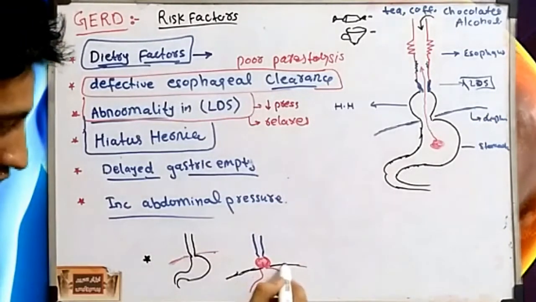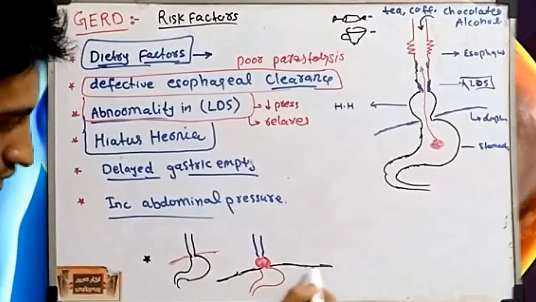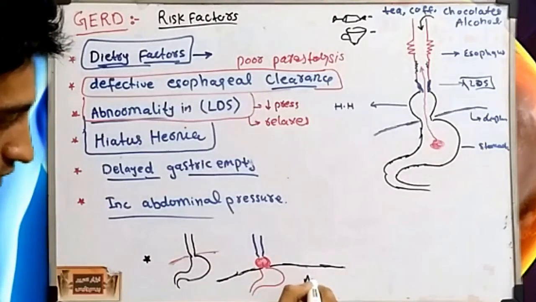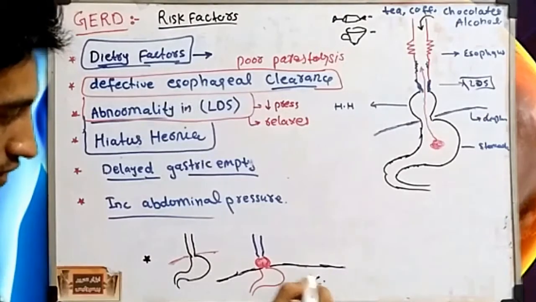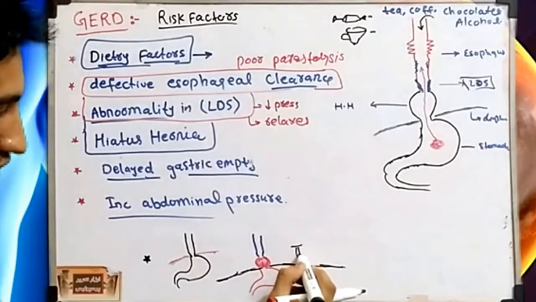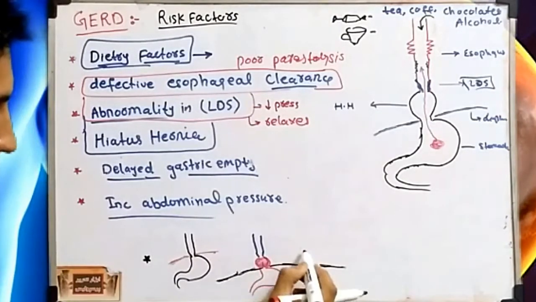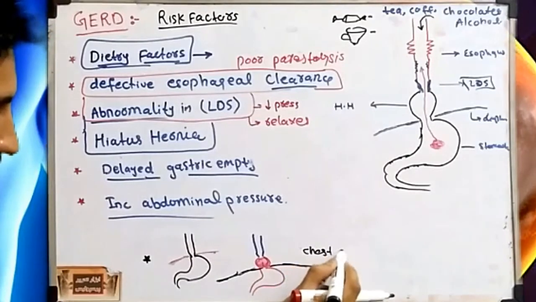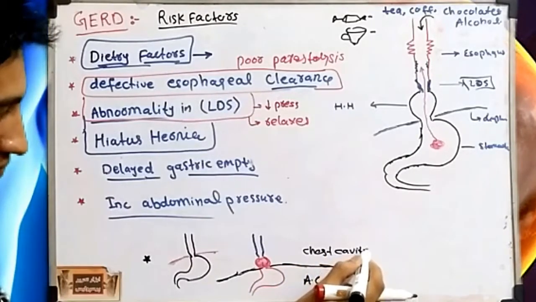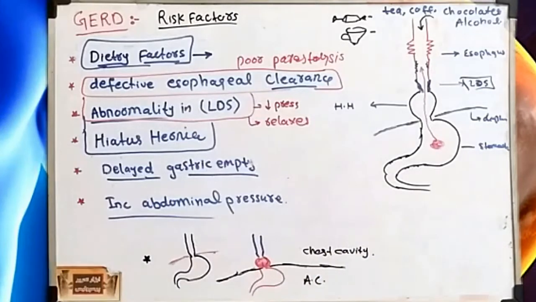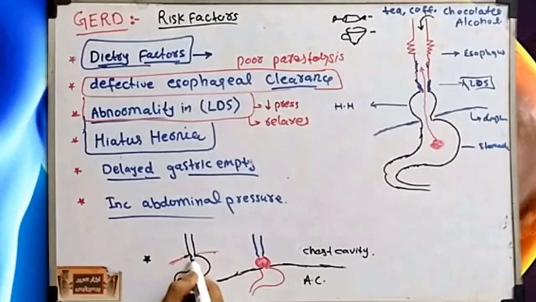Let me draw the full diagram. So this is the abdominal cavity and this is the chest cavity. In this diagram, you see the stomach is in the normal position. All the stomach is below the diaphragm.